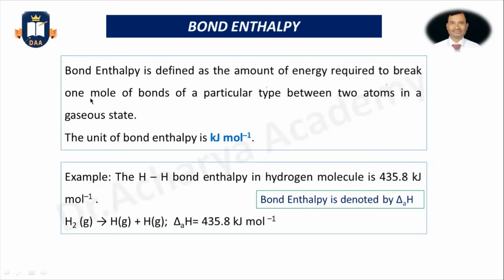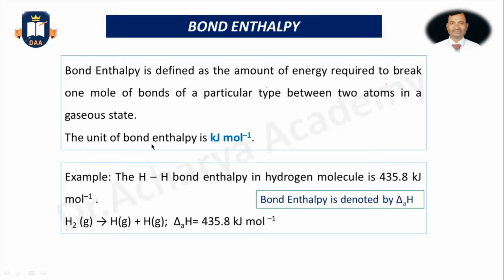Here you always have to remember the amount of energy required. Always mention 1 mole of bonds and a particular type of compound in which the bond between the two atoms needs to break, and how much energy is required. That is called the bond enthalpy.